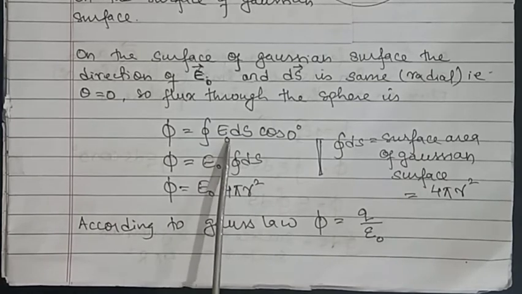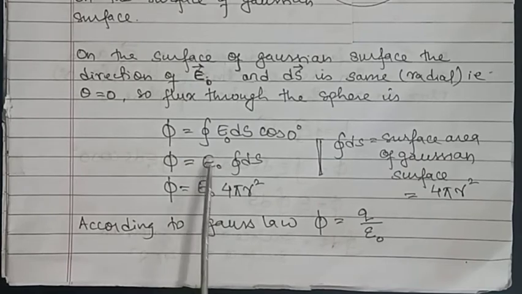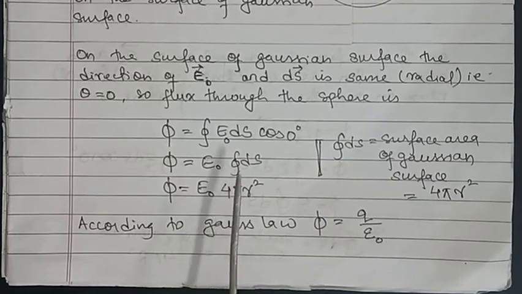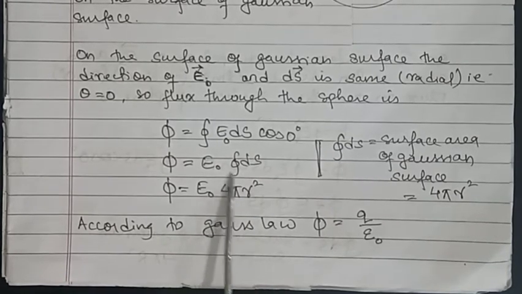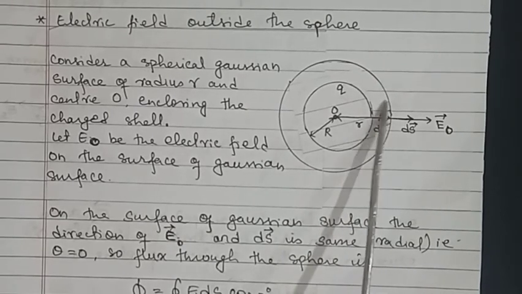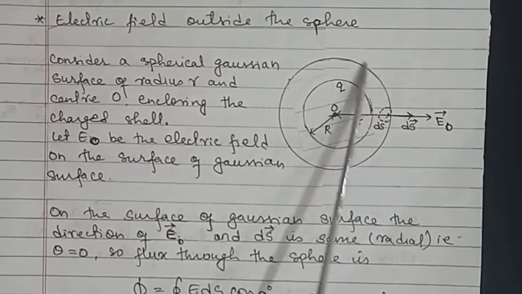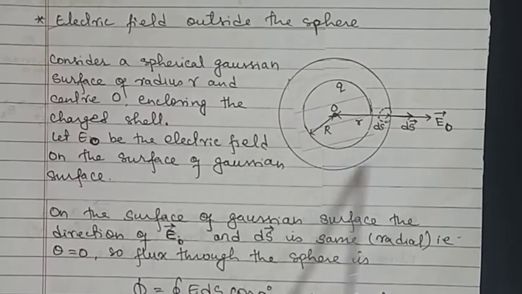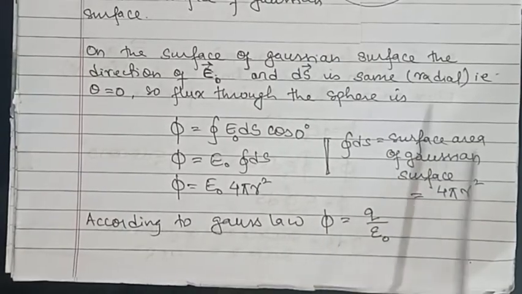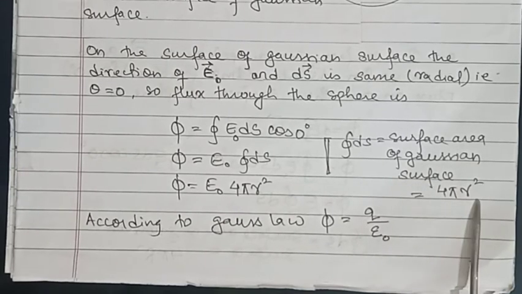So if you take E naught common, this is not epsilon naught, this is E naught, electric field outside the sphere, and this is integration of dS. Now I have to find the integration of dS. So integration of dS means I have to add all these small areas throughout the sphere. If you add all the area, then you will get the total surface area of the sphere, that is 4 pi r square.